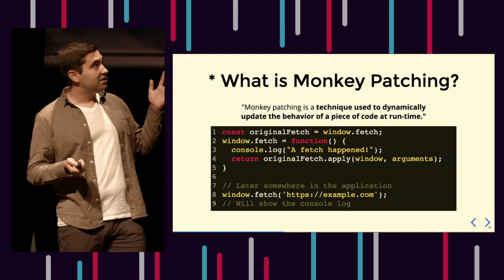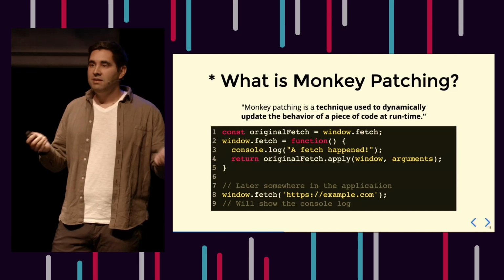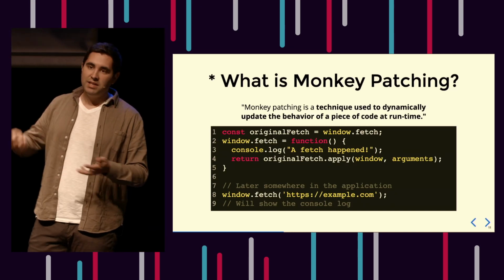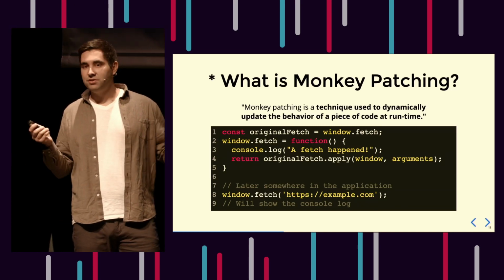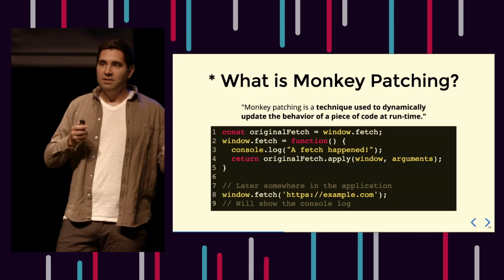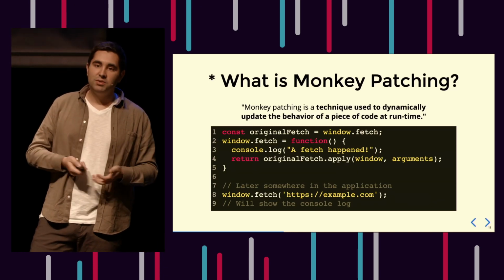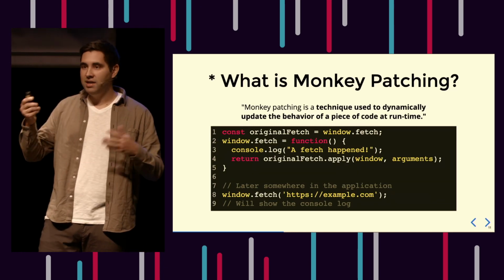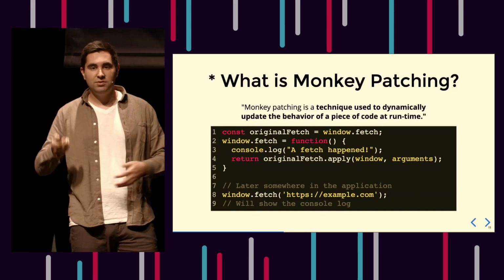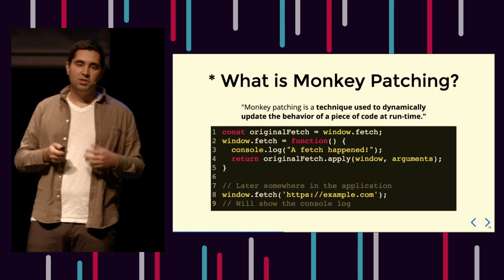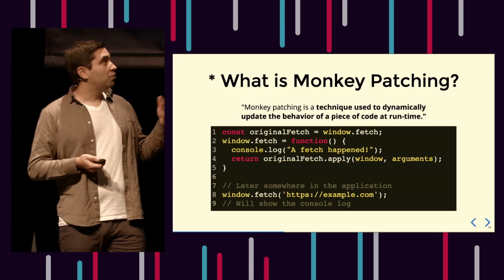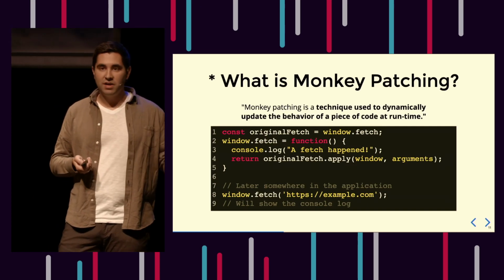So this is a very simple example that you see here. In Session Replay, we have a list of network requests that have been made. And we want to see basically all the fetch requests that a user did. It's not really feasible to expect the developer to manually add every fetch request they make to some list that is sent to Sentry. This should happen automatically. So what we do is we override window.fetch with a custom function.